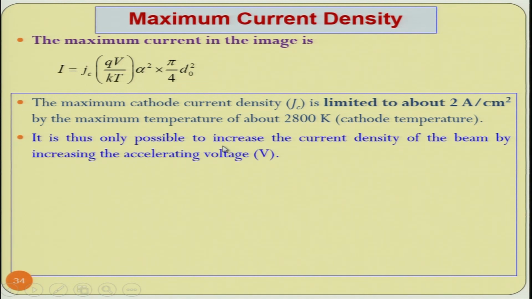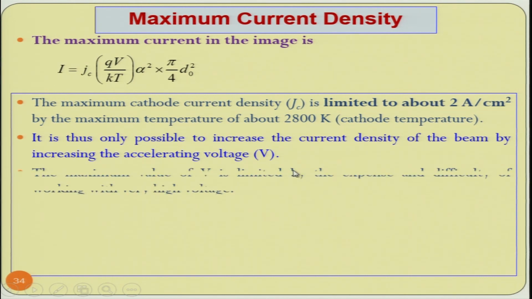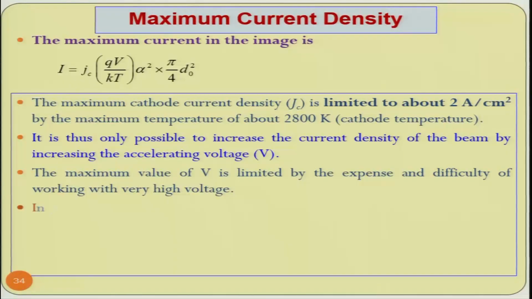It is thus only possible to increase the current density of the beam by increasing the accelerating voltage V. The maximum value of V is limited by the expense and difficulty of working with very high voltage, because as the voltage is increasing, the difficulty is increasing and the cost of the EBM machine also increases.